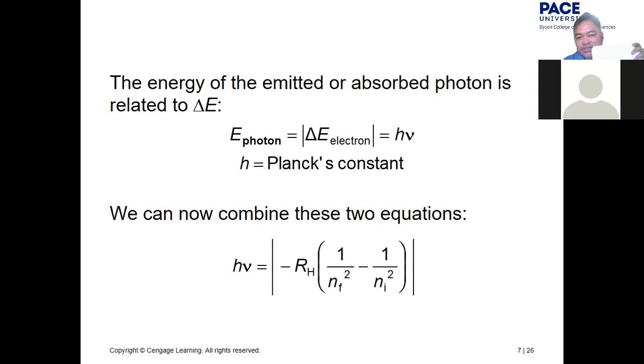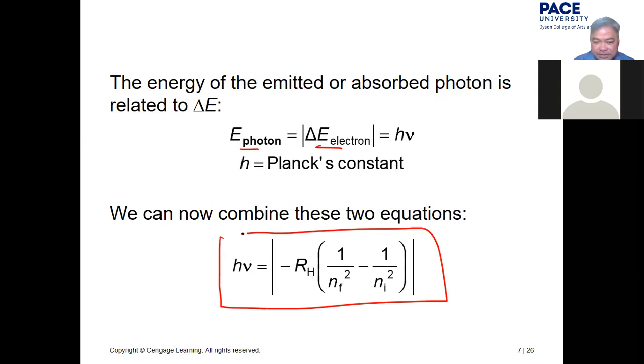So if you're going to look at this one here, the energy of the emitted or absorbed photon is related to delta E. Okay? So the energy of the photon and the change in the energy of the electron just follow some sort of Planck constant relationship. So if you're going to combine the two, you end up with this relationship. So what does it mean?